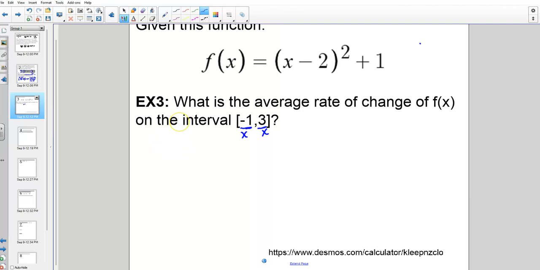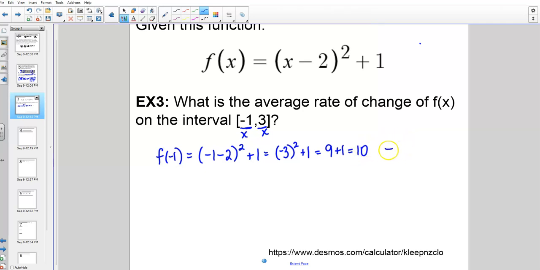So when you do this, I cannot stress enough, please label. F of negative 1 is negative 1 minus 2 squared plus 1. That is negative 3 squared plus 1. That is 9 plus 1, which gives you 10.